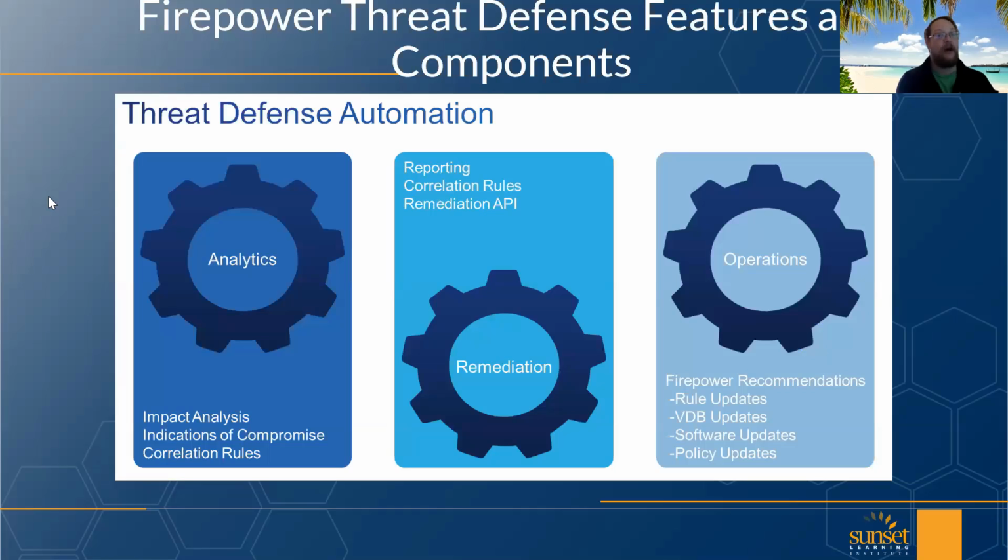Now, threat defense automation, we do have analytics, remediation, and operations. Long story short here, and this isn't a programming class, but we have the ability for things like Firepower to talk to other appliances, like my APIC and ACI, or my Tetration engine for Tetration and analytics and real-time application dependencies.